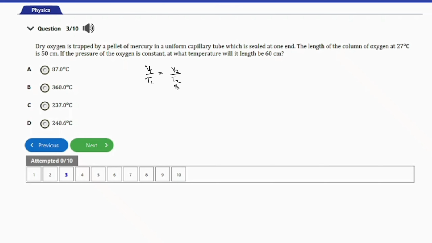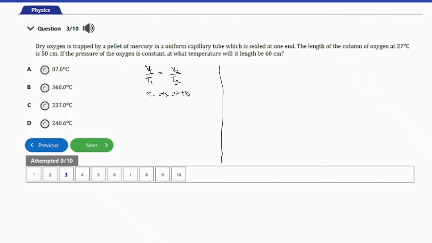So the T2 here is the final temperature. Remember, the question says at what temperature will the length be 60 cm? So guys, before we start solving, let's note that the temperature here is in degrees Celsius. To convert it to Kelvin, we add 273.